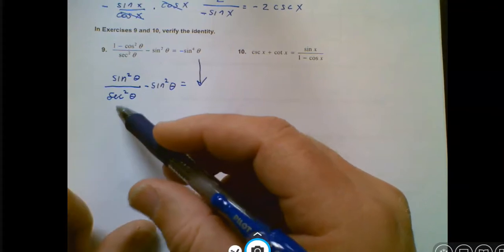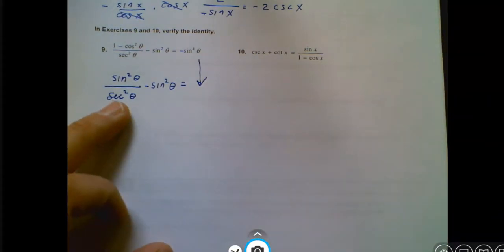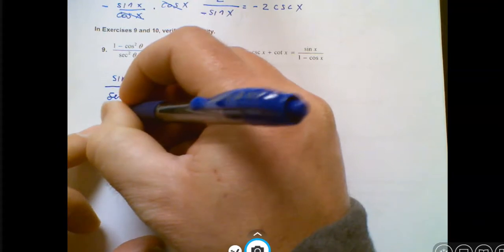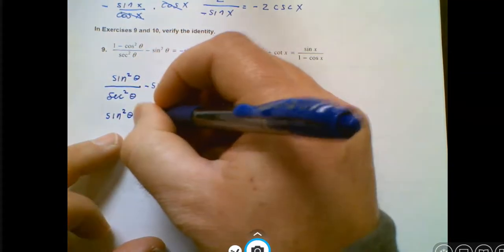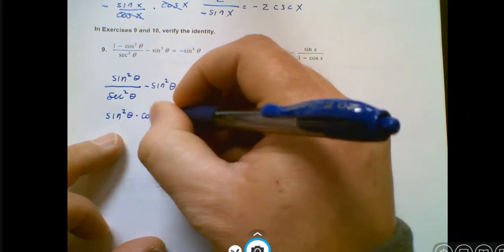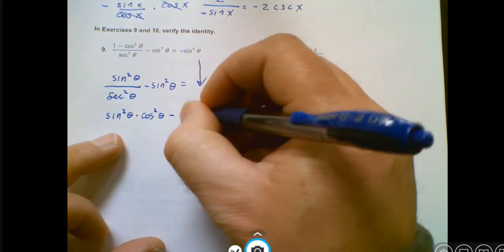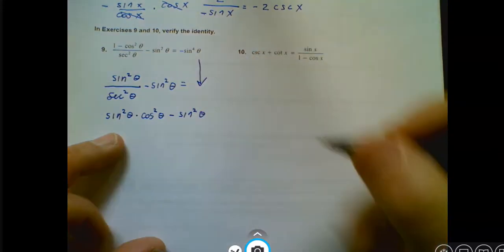Secant squared, remember, is the inverse of cosine squared. So we can move this guy to the top by changing it to cosine squared. So I'm looking at sine squared theta times cosine squared theta minus sine squared theta.